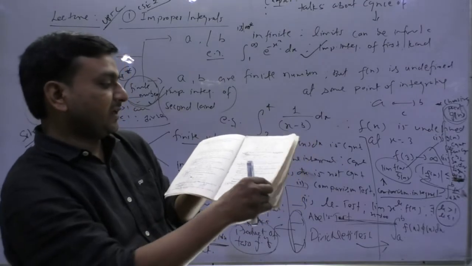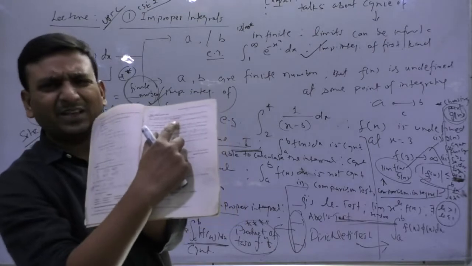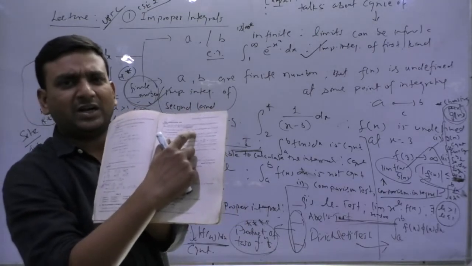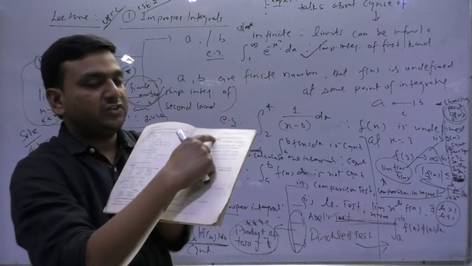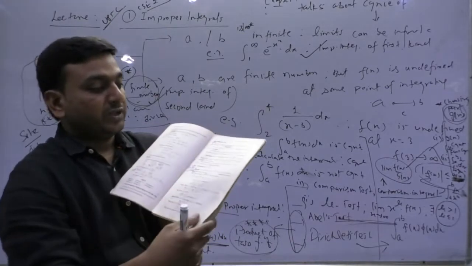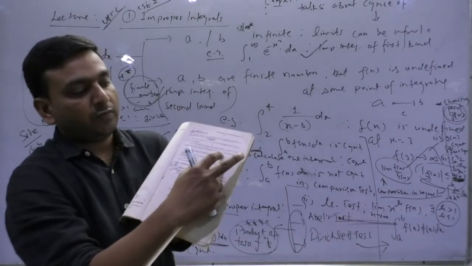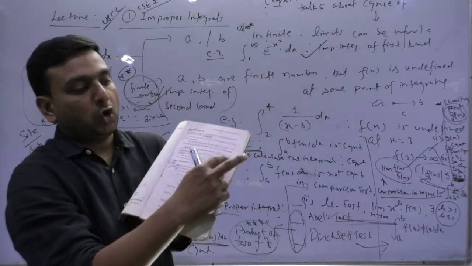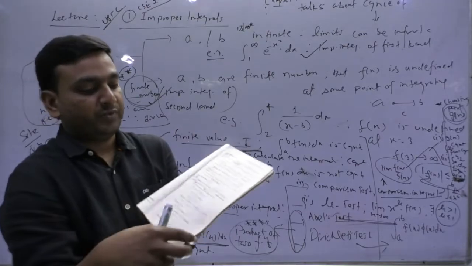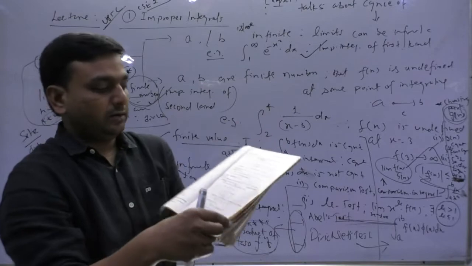Everything is mentioned there, where you have to focus. Underline that g of x, the comparison function, should be positive. Non-zero limit as x tends to a of f of x upon g of x should be non-zero. Okay. The comparison integral for convergence.